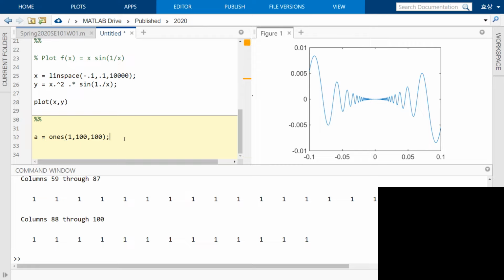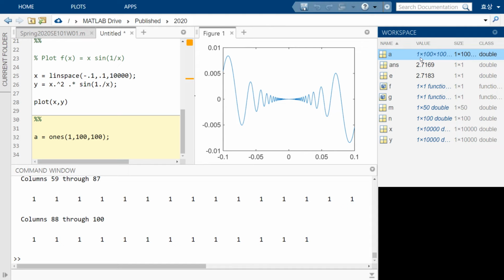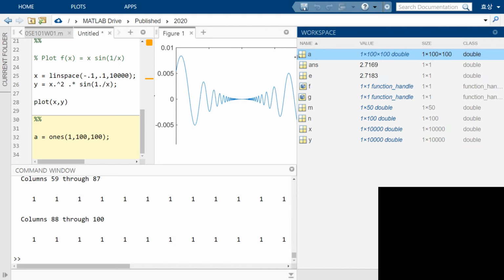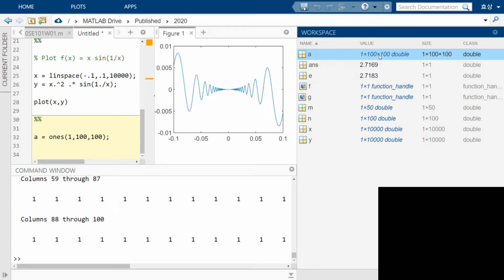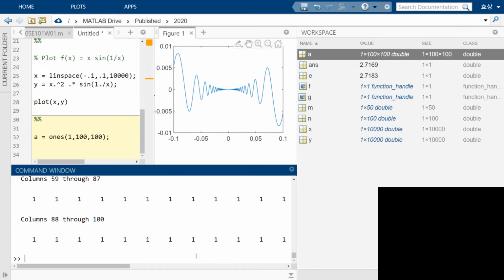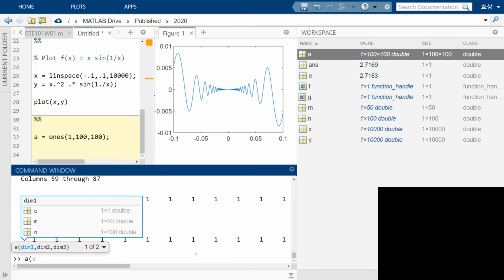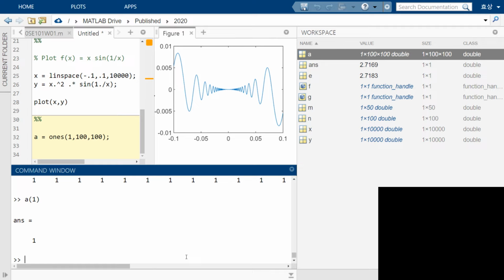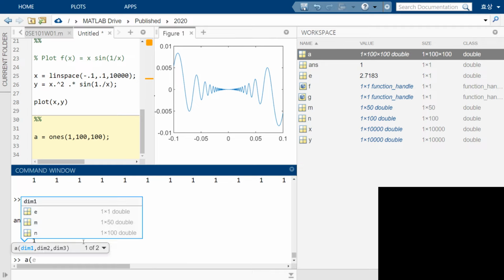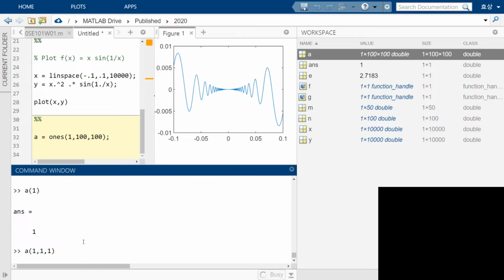So instead of the output, let's just look at the workspace. My variable A is now 1 by 100 by 100 double. So this is a 3-dimensional array. Although every entry is 1, let's say A(1,1,1).